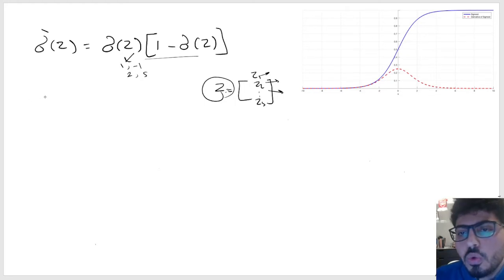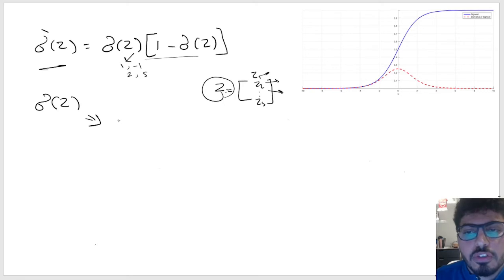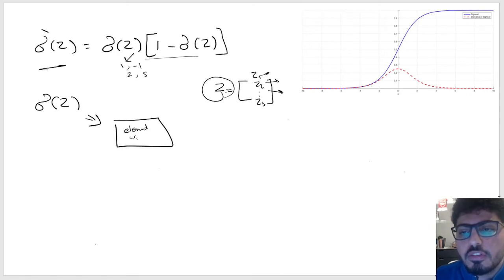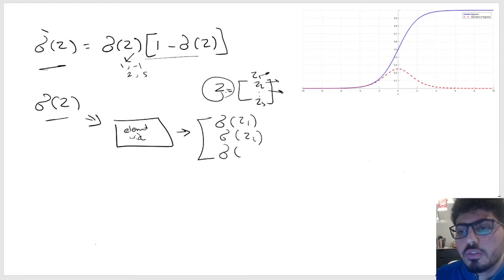So how will we go about computing the sigmoid of Z and the derivative of the sigmoid? Well, first of all, it turns out that the sigmoid function is an element-wise function. What's an element-wise function? It means that the sigmoid of a vector applies to each element of the vector in the same way. So the sigmoid of Z is nothing but the sigmoid of Z1, the sigmoid of Z2, and the sigmoid of Z3.